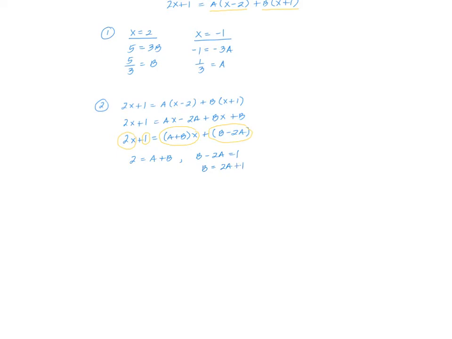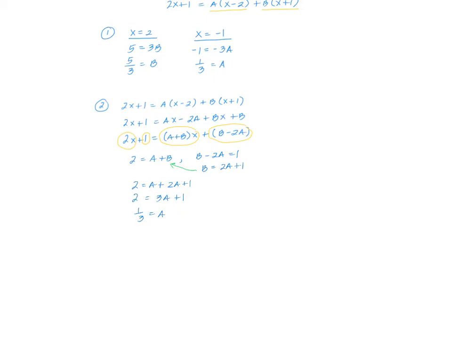So now that I have the b isolated, I can substitute that into the first equation to get one equation with the variable a. 2 is equal to a plus 2a plus 1, and we have 2 is equal to 3a plus 1. Solving for a, we get 1/3, which is what we got in the first method.